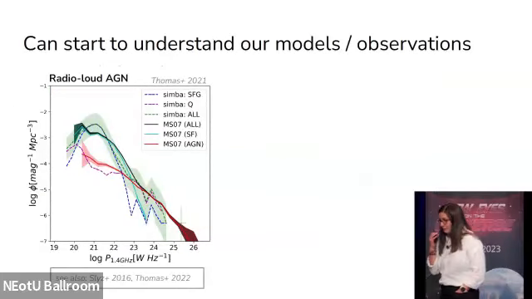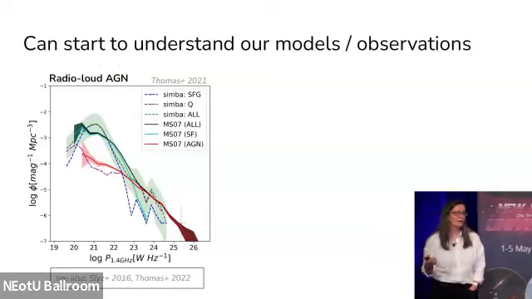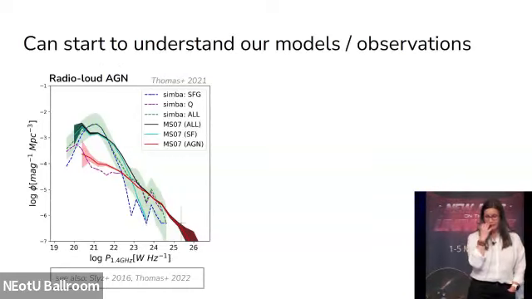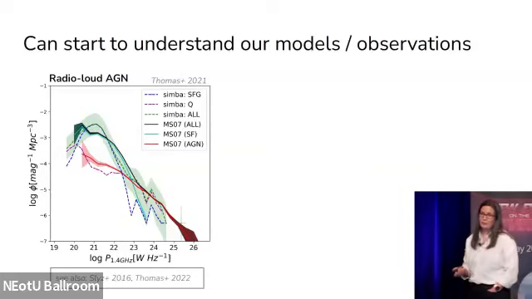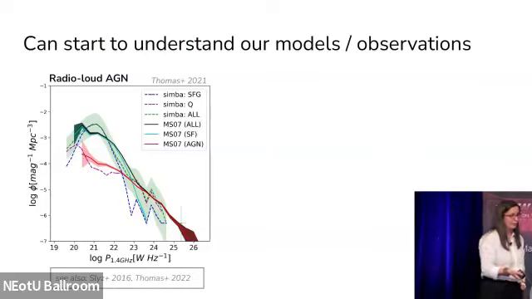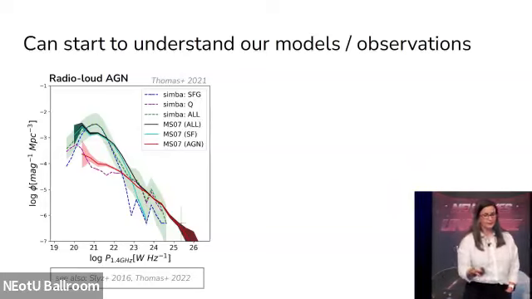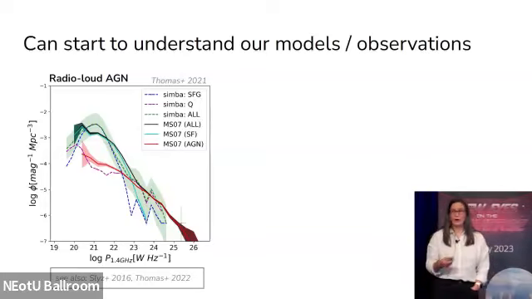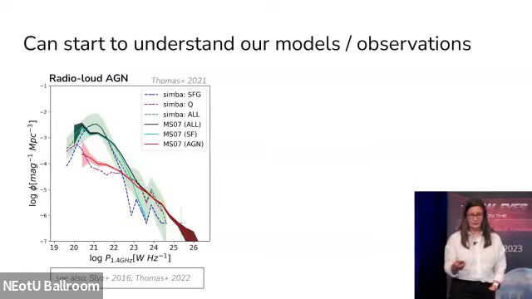So with this kind of information that we're learning from the radio surveys, we can start preparing also for the SKA and the ngVLA by understanding our models and observations better. So for the radio loud population, Nicole Thomas, who's a postdoc at Durham, is working on comparing radio galaxies in the SIMBA simulation with observations and trying to figure out where we can improve our simulations.